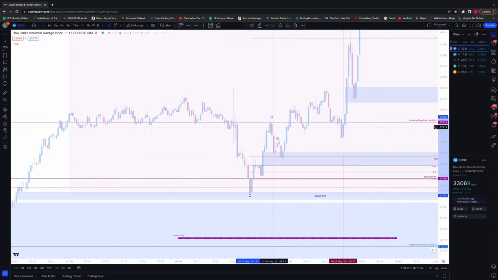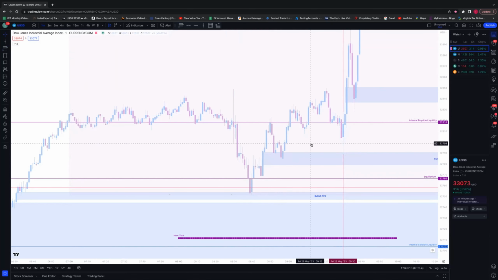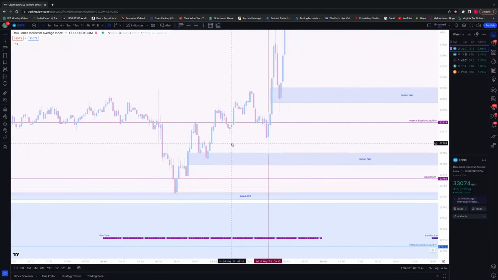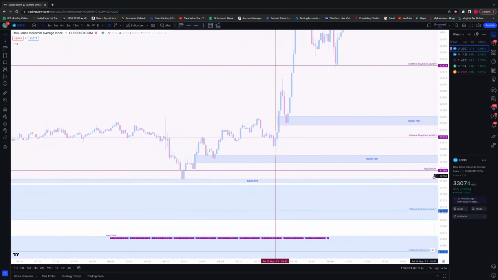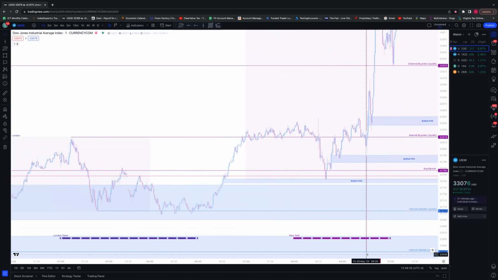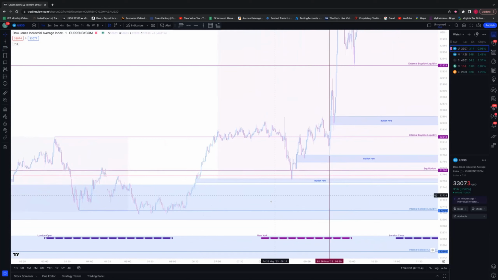So you can align these fair value gaps with the 50%, and that usually works. And you want to combine them with buy side and sell side liquidity. So after price is done taking one of these sides, you want to see price start to create fair value gaps, and you can build up your positions from there.